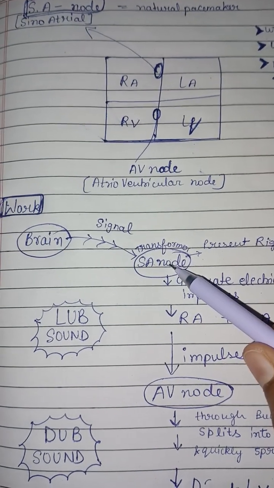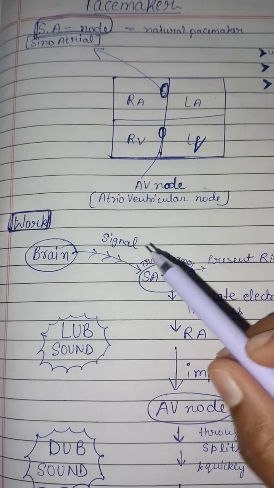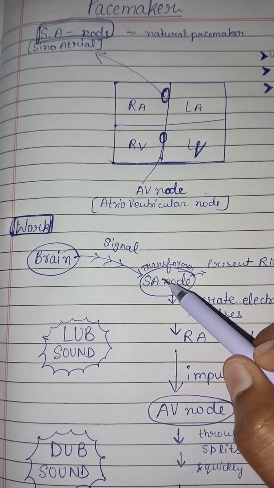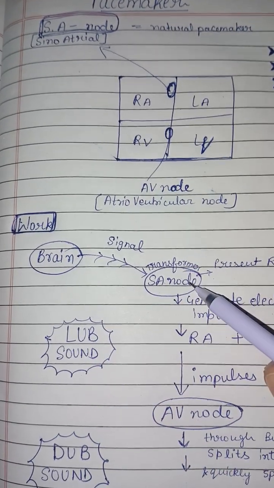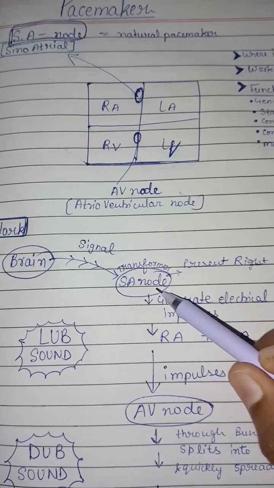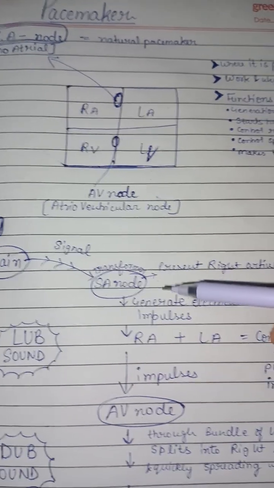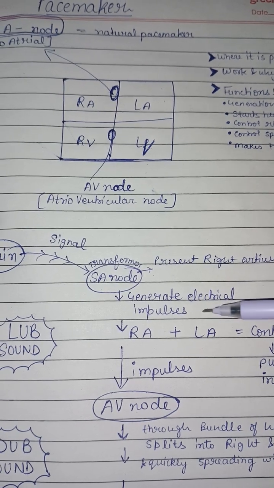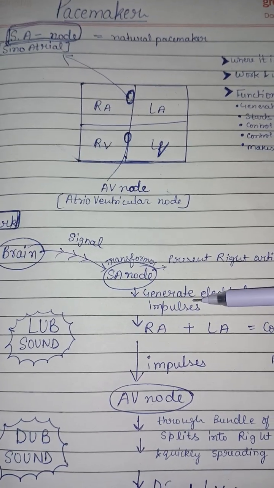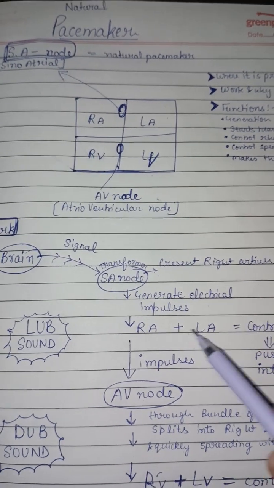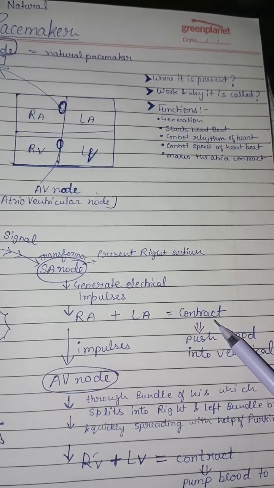The SA node works like a transformer which receives the signal from the brain. The brain sends the signal to the SA node, which generates electrical impulses. These electrical impulses help the right atrium and left atrium to contract.